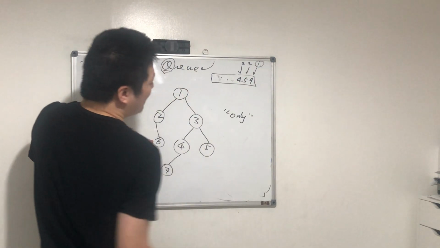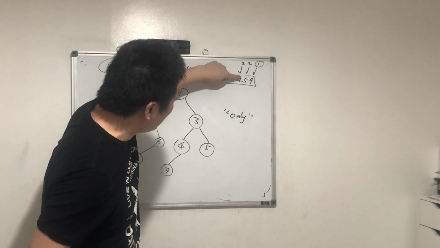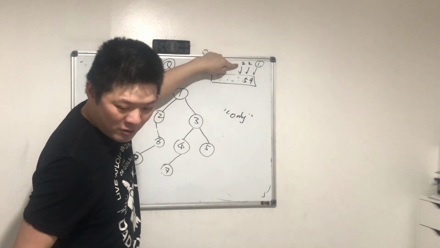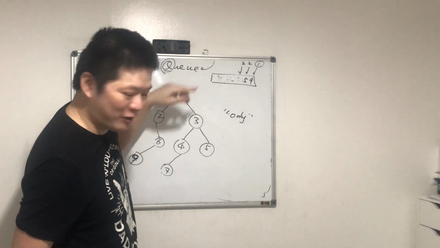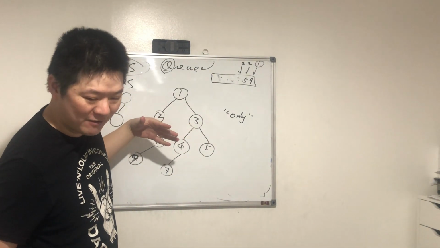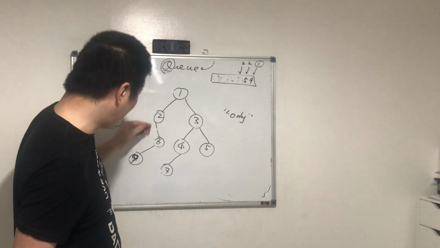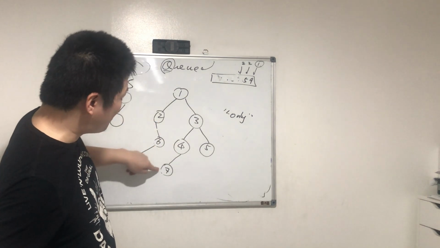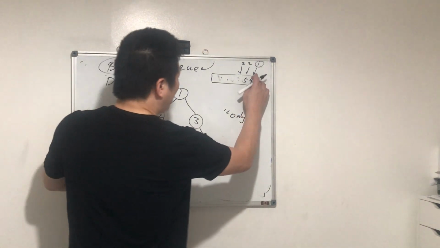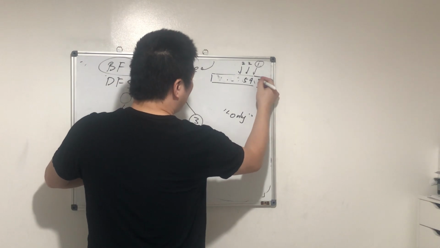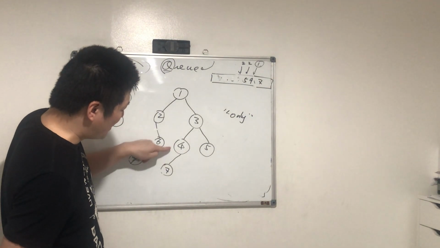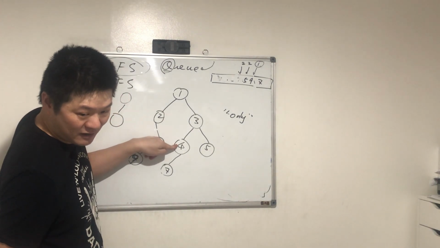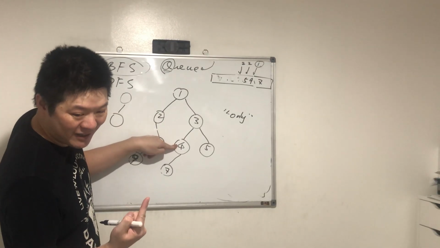Also, when I take 4 out, I know it's coming from a parent which has 2 kids, so I don't count this as an only child, right? But I keep expanding. 4, I push 7 in. When I do this, I know how many kids 4 has: 1, right?